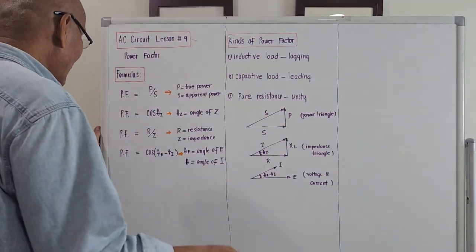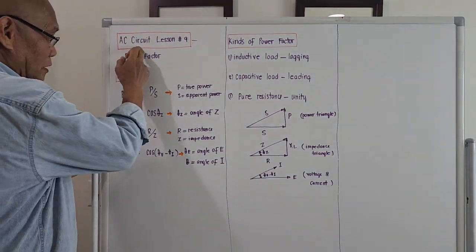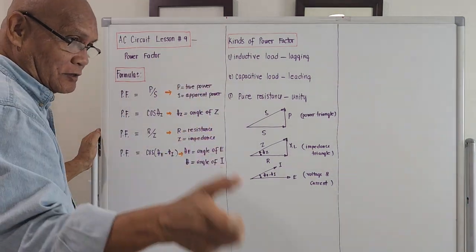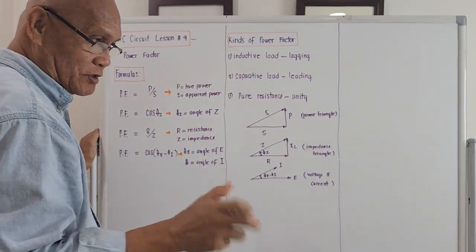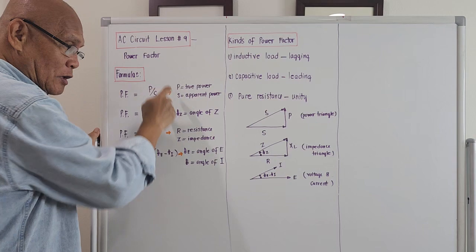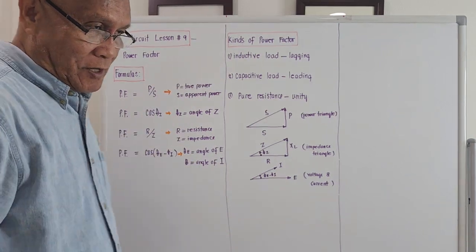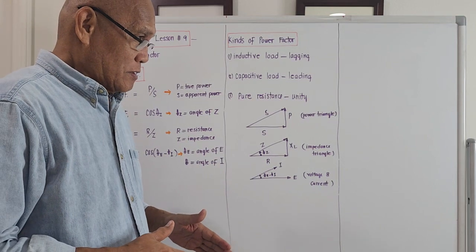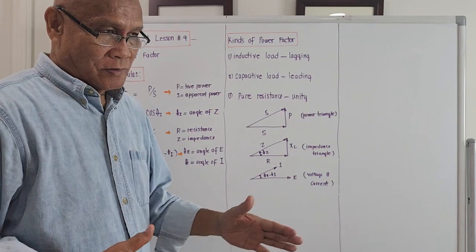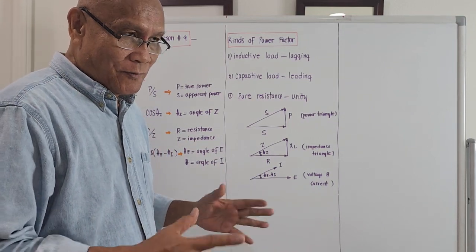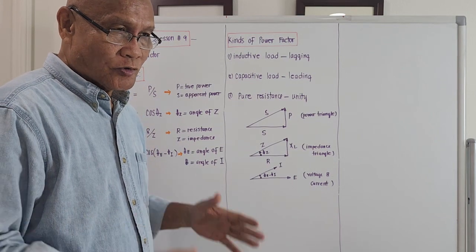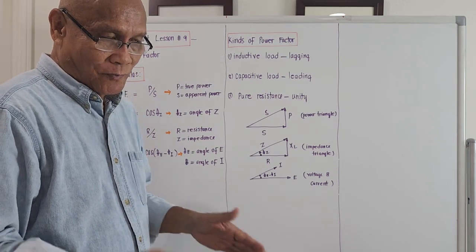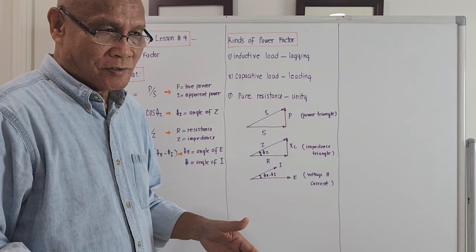Topic for this morning will be alternating current circuit, lesson number 9. The title of the topic will be the discussion on power factor. Power factor is actually one of the most important circuit parameters if you are having a business and you are consuming electricity coming from the utility companies.